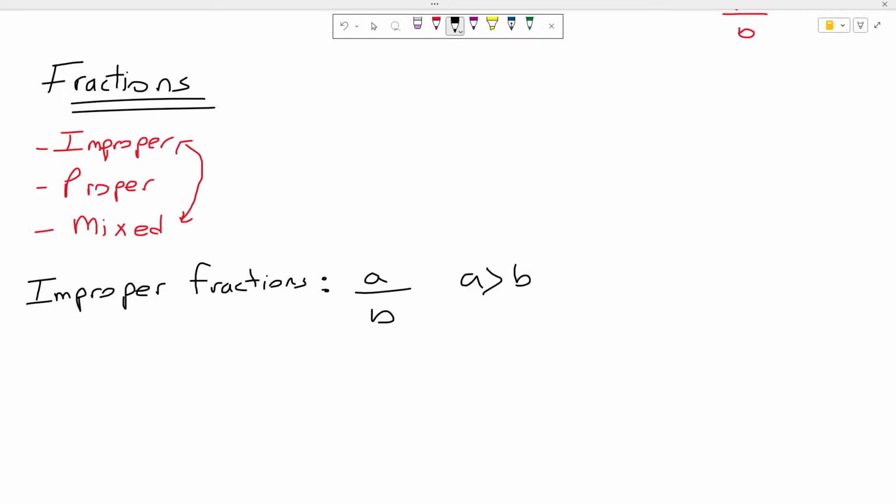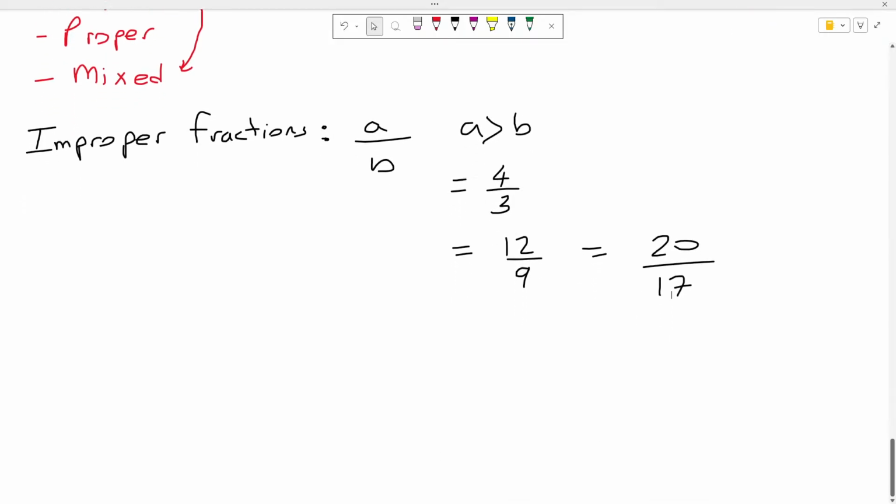It could look something like 4 over 3, 12 over 9, or 20 over 17. All of these are improper fractions. Keep in mind that we can only convert our improper fractions to mixed fractions.